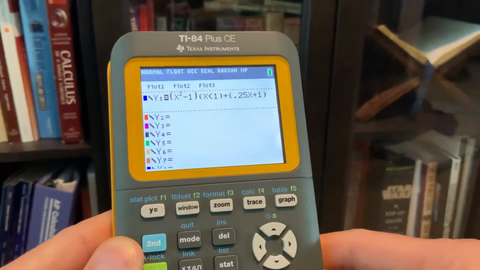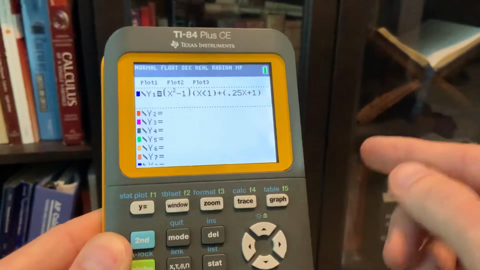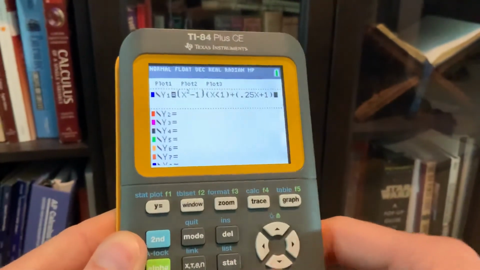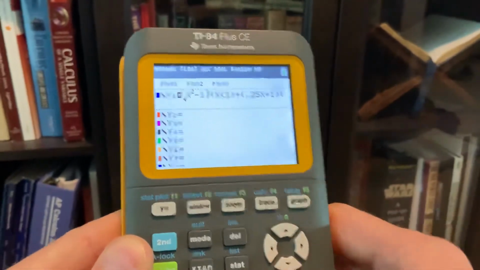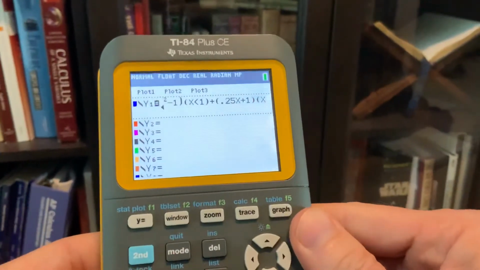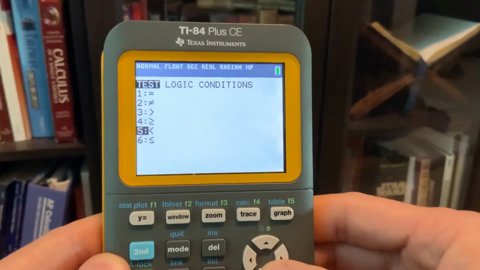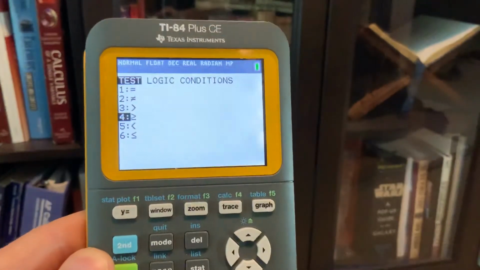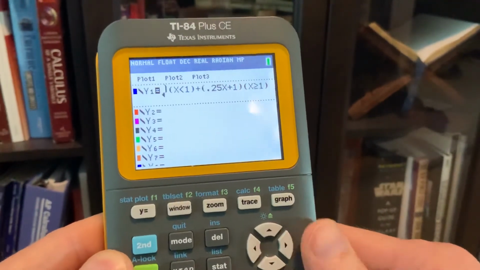And close the parentheses and multiply it times its condition, and we want it to be greater than or equal to 1. So x, no, I need parentheses. Okay, now x, go back to that test menu there, and we want greater than or equal to, which is number 4, and then put a 1, close the parentheses.